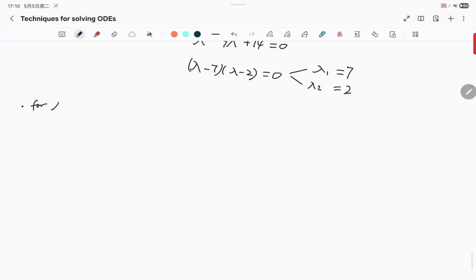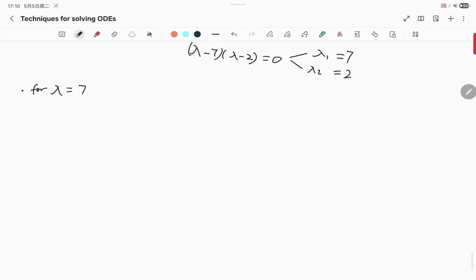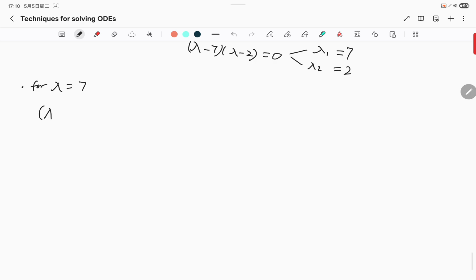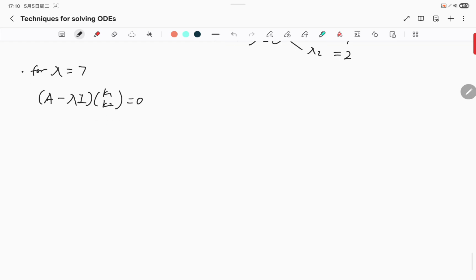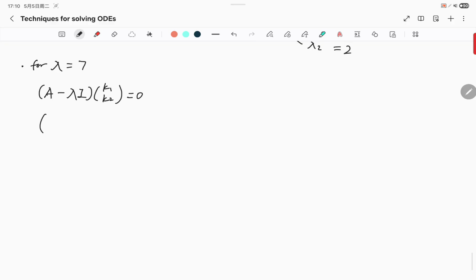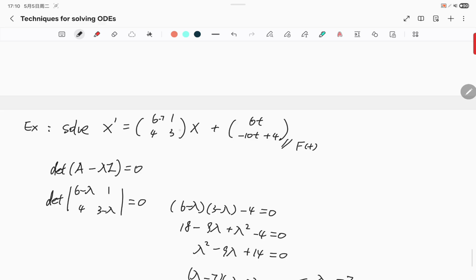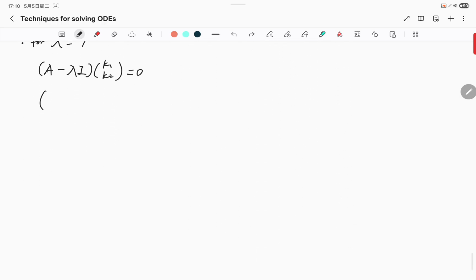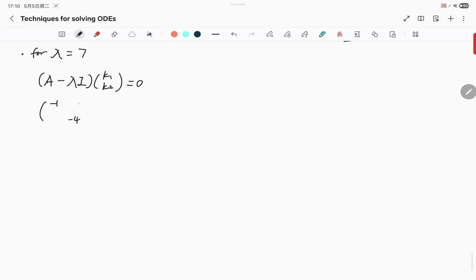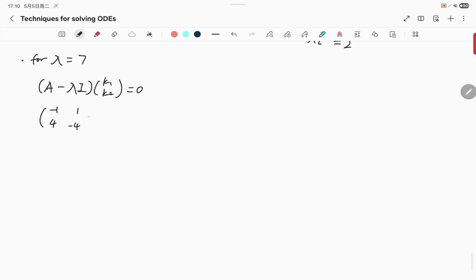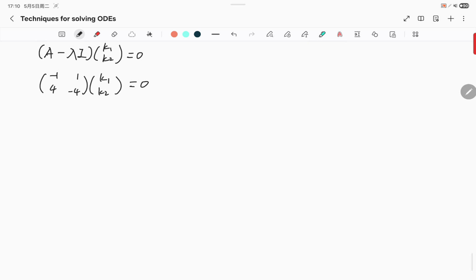Eigenvector for lambda equals 7, we do A minus lambda I times (k1, k2) to be 0. So when lambda is 7, we have this minus 7, this minus 7, negative 1, and negative 4. We can take row 1.